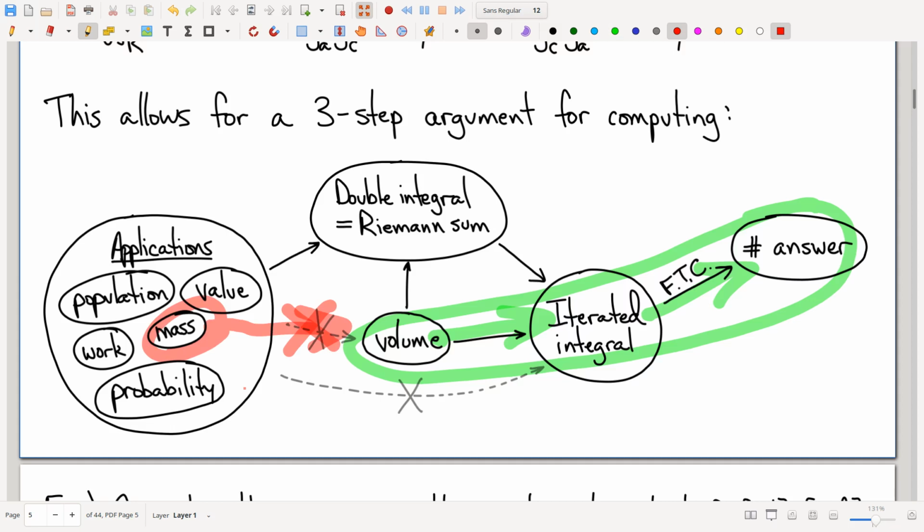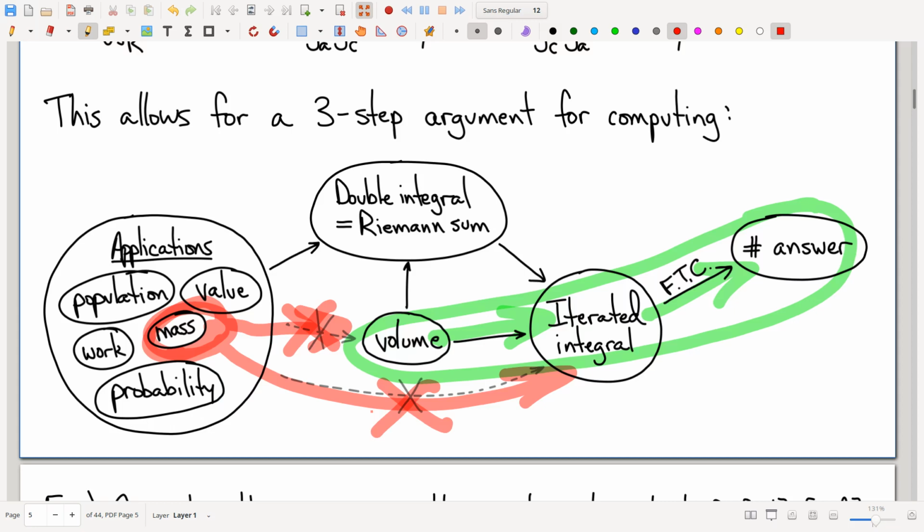You can't just compute mass immediately with an iterated integral because the argument doesn't make any sense. The units don't work. We were multiplying mass per unit area times length. It's just, it doesn't work. The argument doesn't hold together.